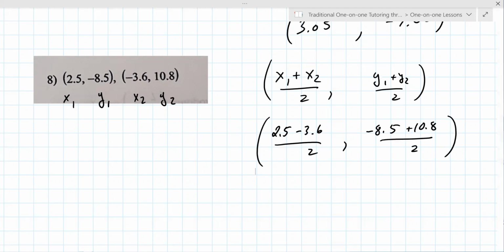And I'll grab a calculator here. And like that. So minus 0.55, comma, 1.15.